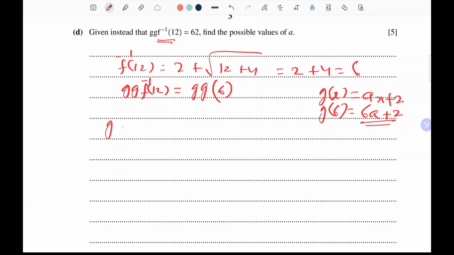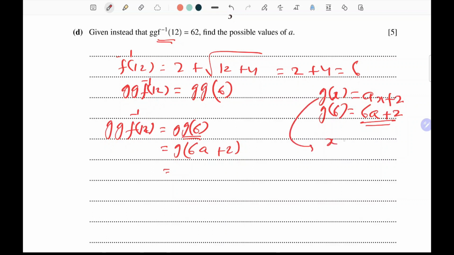Now guys, g of f inverse 12 will be g of 6, since f inverse 12 is 6. Now g of 6 also we got, that is 6a plus 2. So now we need to find g of 6a plus 2.